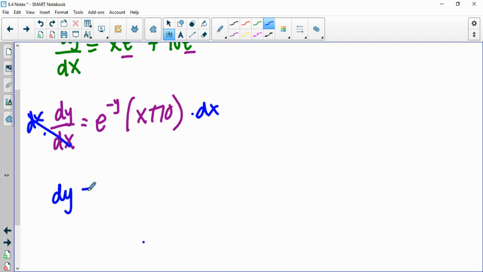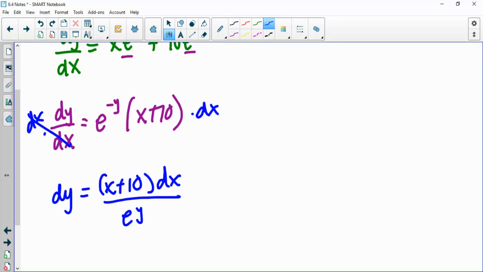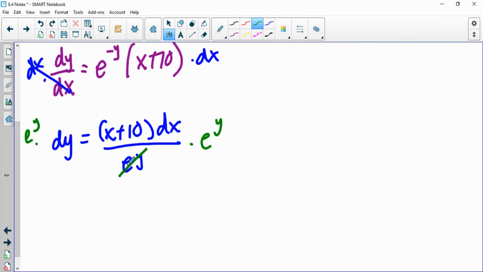So I got dy equals, and I'm going to rewrite this as x plus 10 dx over e to the y, right? A negative exponent sends it to the bottom of a fraction. And the reason I did that is now I can see this is actually divided. So to get it to the other side, I need to multiply. So I multiply both sides by e to the y.